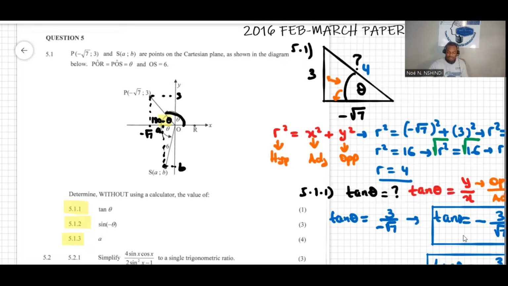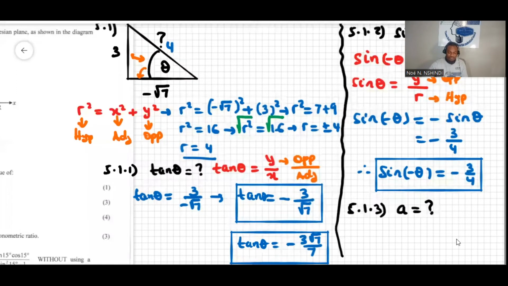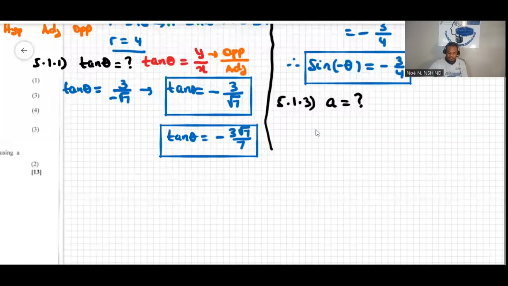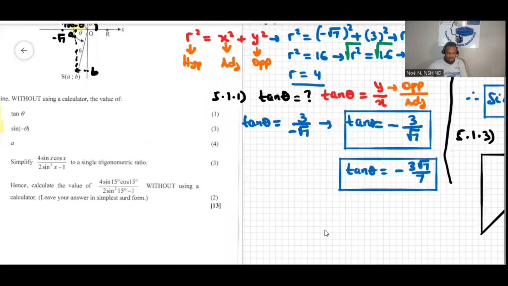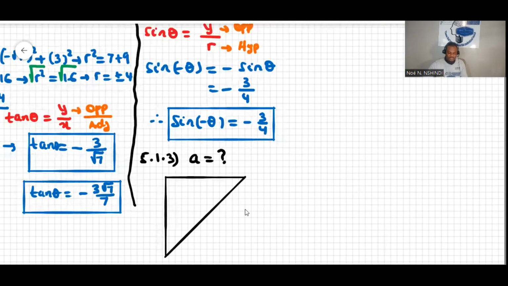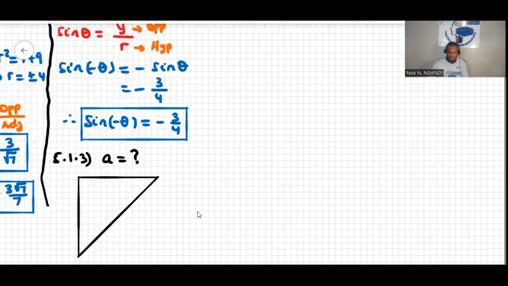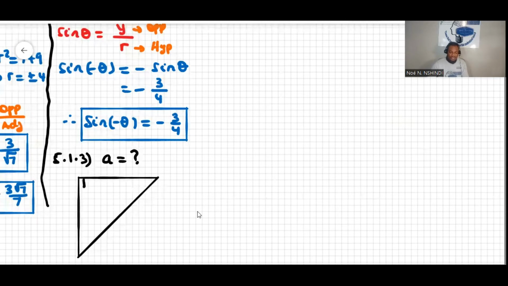To work this out, I'm going to redraw the same triangle over here, just for the sake of illustration. The angle here will be 2 theta, and this side is A, and that is B units.